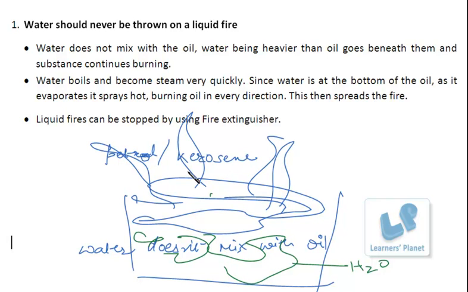The oil keeps on burning, the water evaporates, and steam is coming. Now water is at the bottom of the oil, so this steam sprays oil in every direction, thus making it more dangerous.